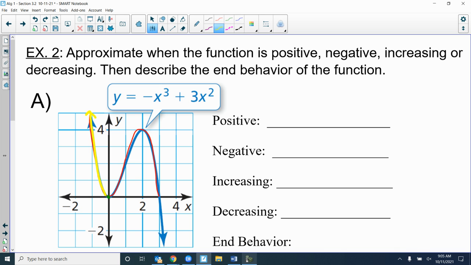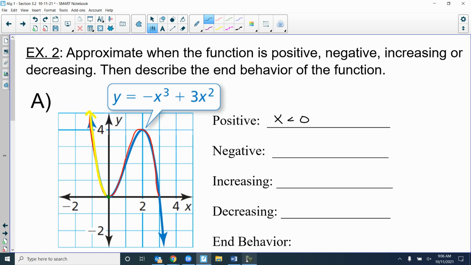We want to write our answer as an inequality. How do you do it for the negatives? X is less than what? You've got to give me a number. 0. X is less than 0. Those are all the numbers that are less than 0. You agree? All the x values.